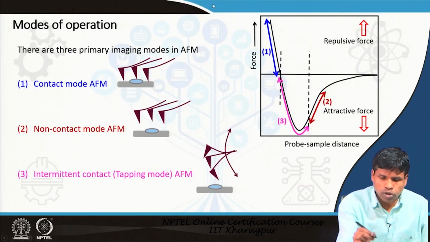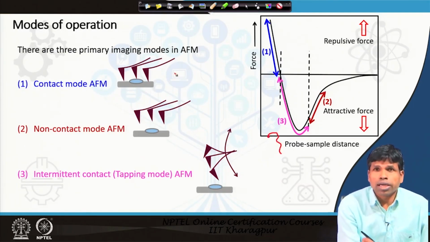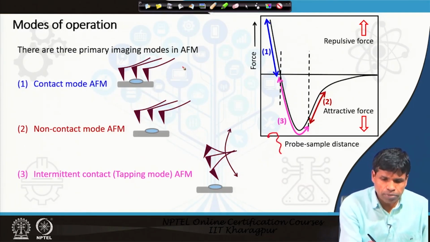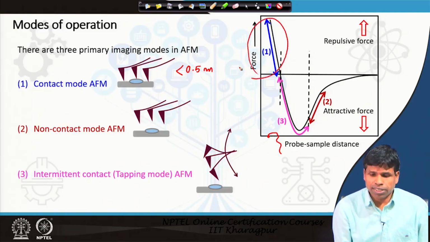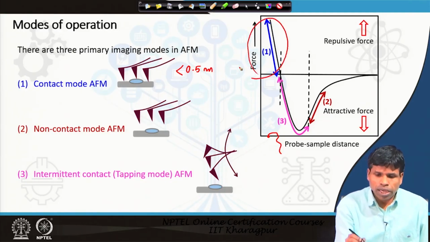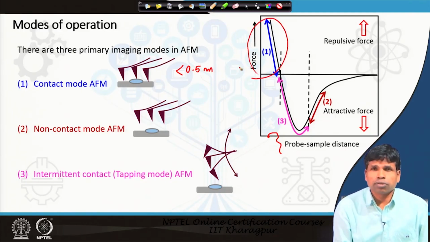This is the region where repulsive force predominates, and this contact mode can give a high resolution AFM image.